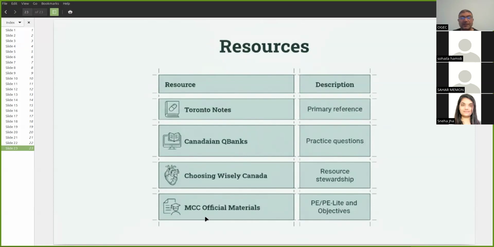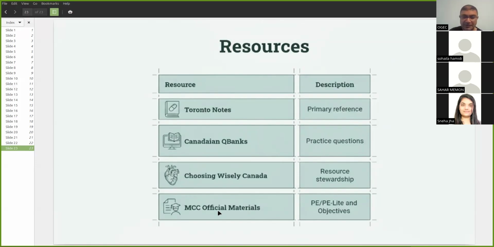And you can have official information from the Canadian Medical Council site, because sometimes some regulations change, and you can only know through their official website.